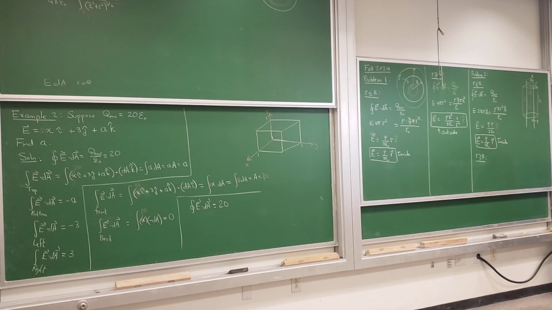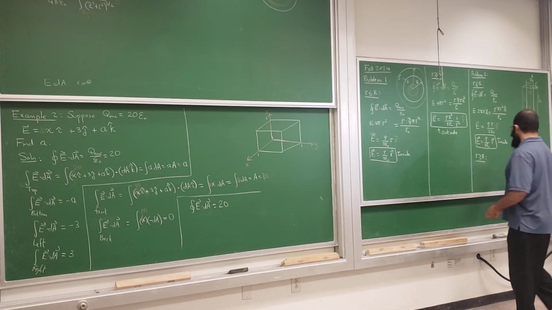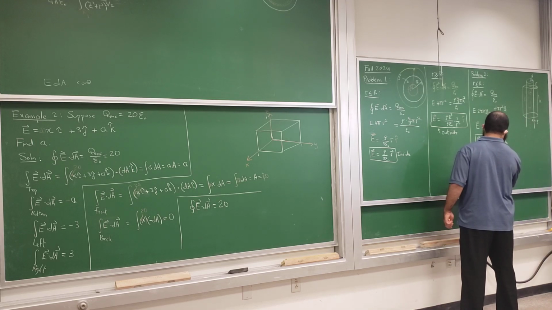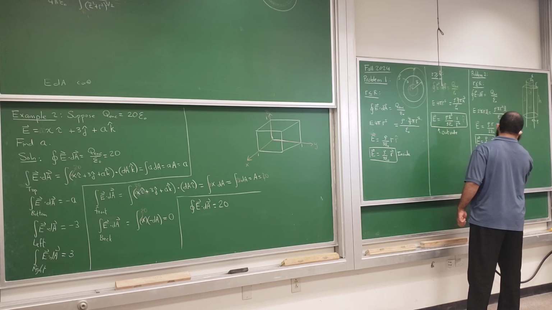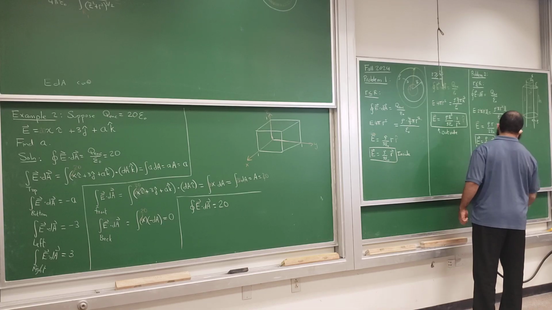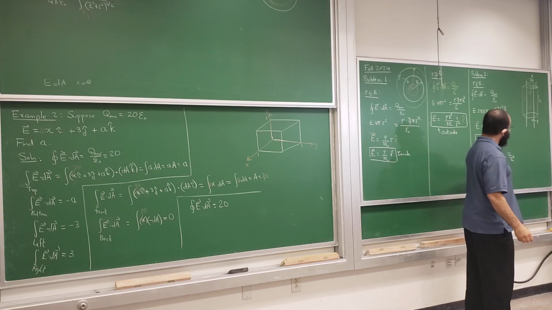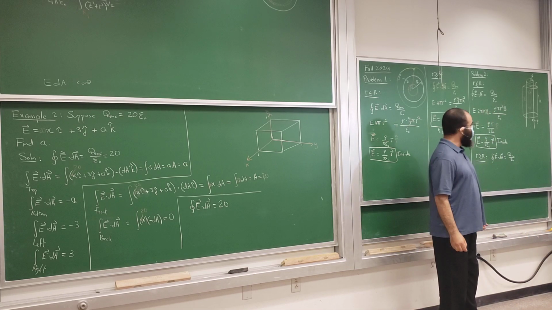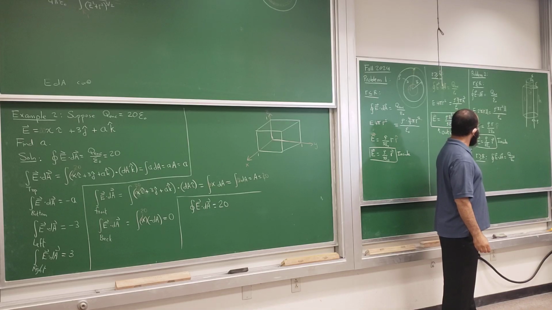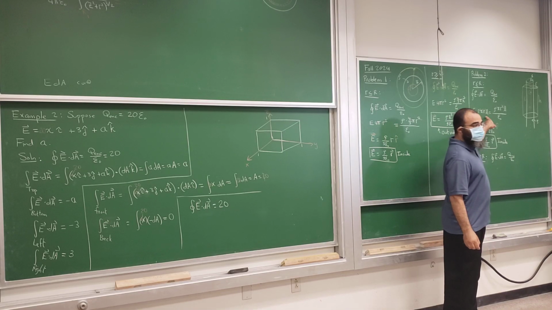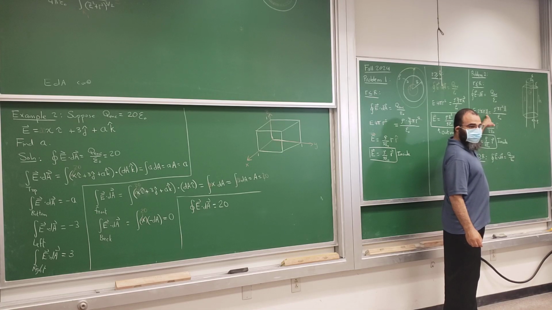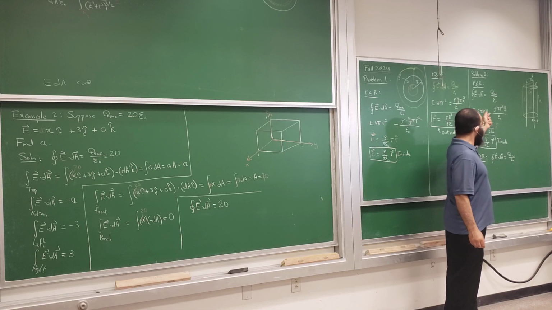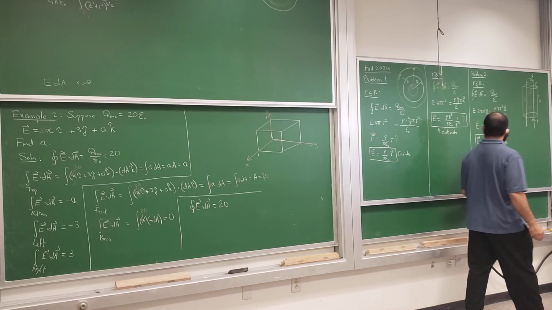So E dot dA, on the left side, does anything change? On this side, what do we get? It would look like this, with H instead of the L, otherwise it would be the same.